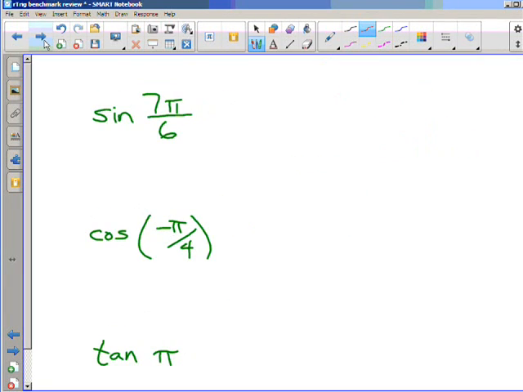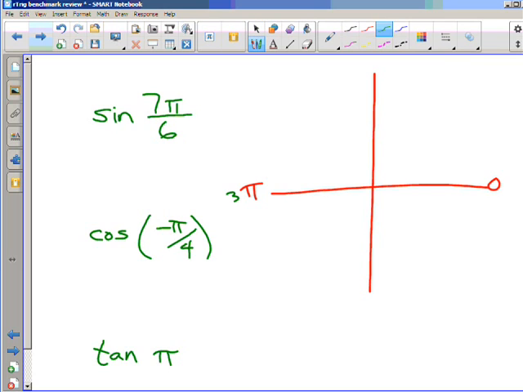Now let's extend this around the unit circle and get our reference angle. I tend to think of the far left, the 180, as pi or 3 pi over 3 or 6 pi over 6.